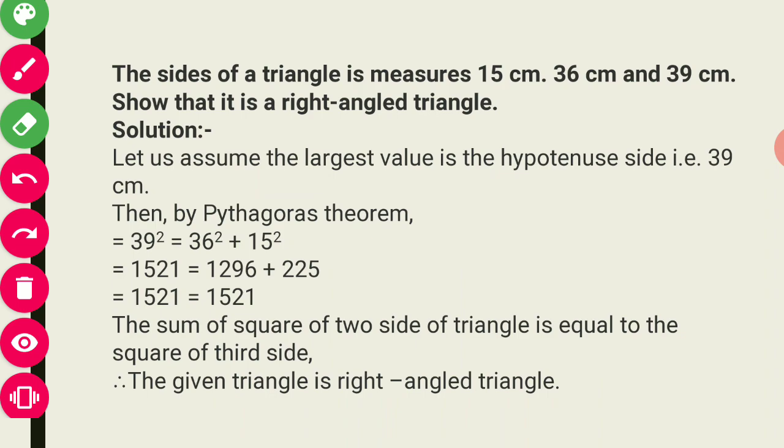But before that, you know, in a right angle triangle, the longest side is hypotenuse, and the square of the hypotenuse is equal to the sum of the squares of the remaining two sides. So if you can see here, the longest side is 39. So the square of 39 should be equal to the square of 15 plus the square of 36. So let's check it.